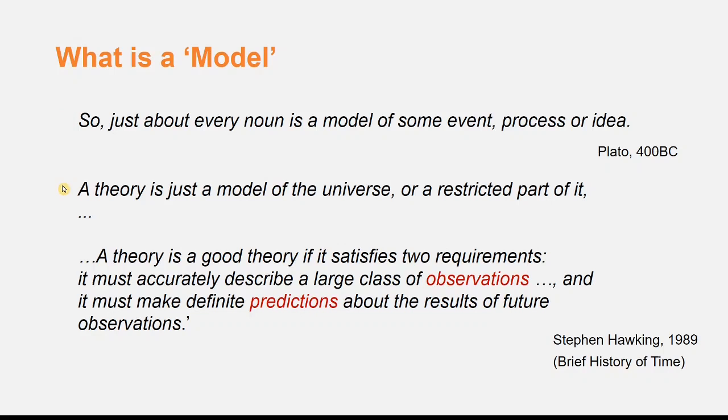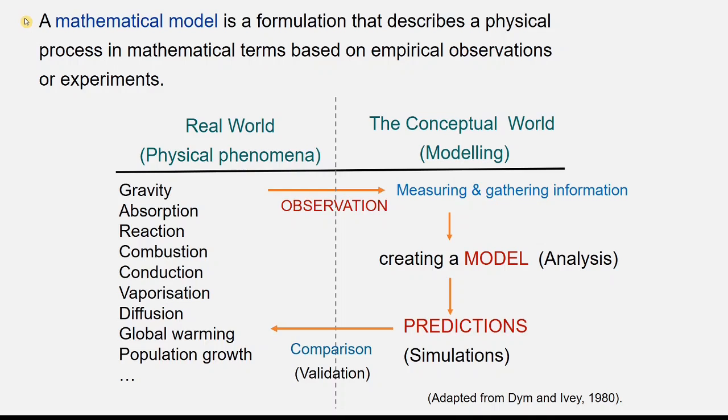Stephen Hawking stated that a good model or theory needs to describe accurately a large class of observations and make definite predictions about future observations. Expanding on that, a mathematical model is a description of a physical process in mathematical terms, based on empirical observations or experiments.